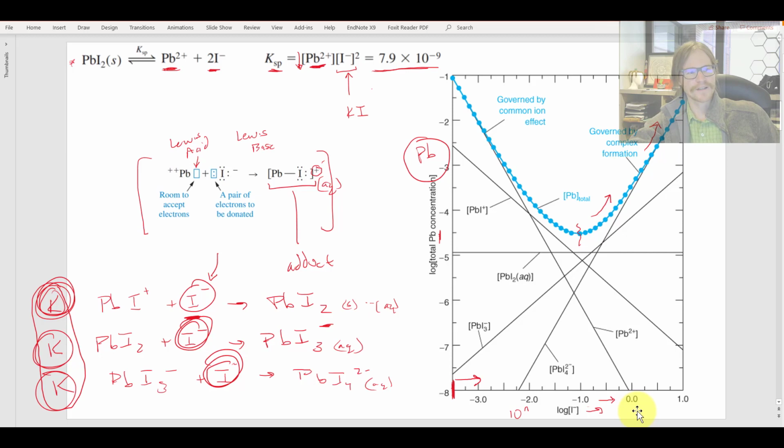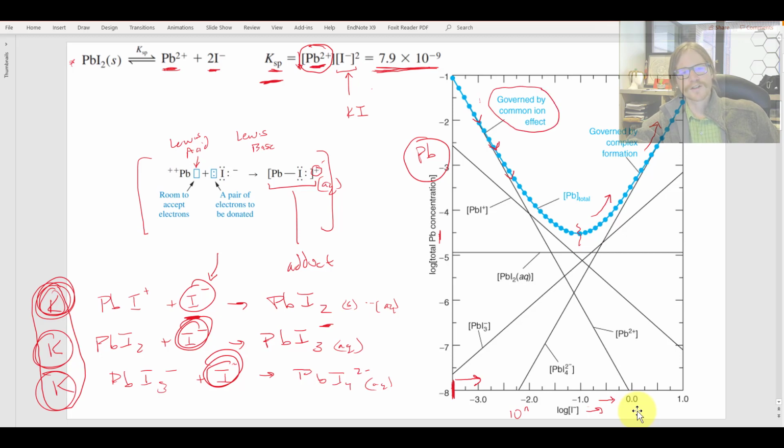And what happens, as you see, is that at lower concentrations, the lead ion concentration is largely dictated by the Ksp formation because of this very low value. But as we increase the iodide concentration, we keep suppressing or decreasing the lead 2 plus, essentially from the common ion effect, which is what this plot is telling you.